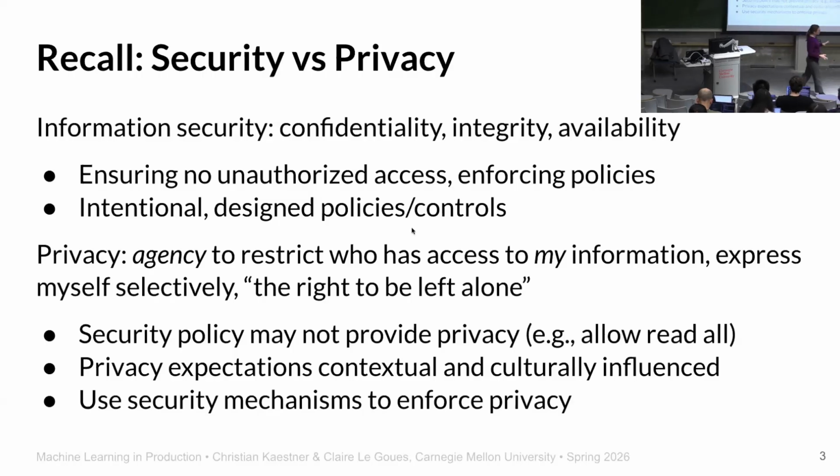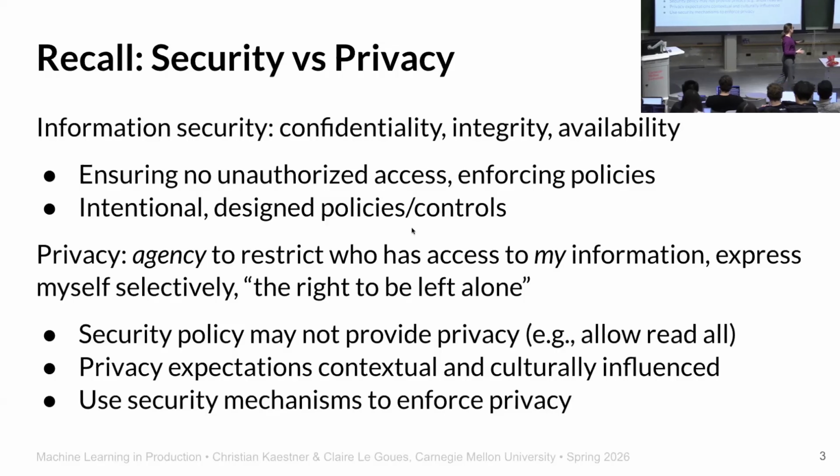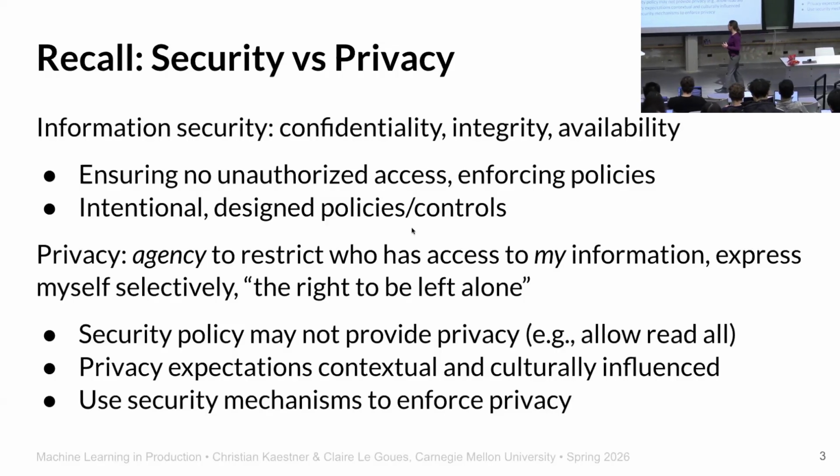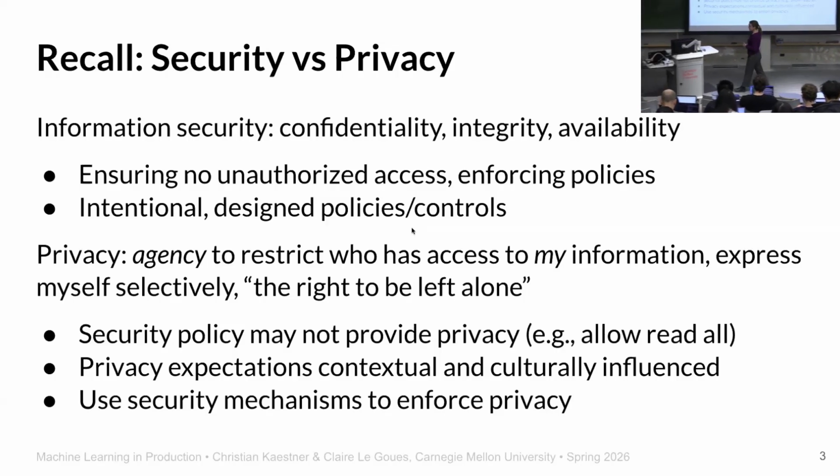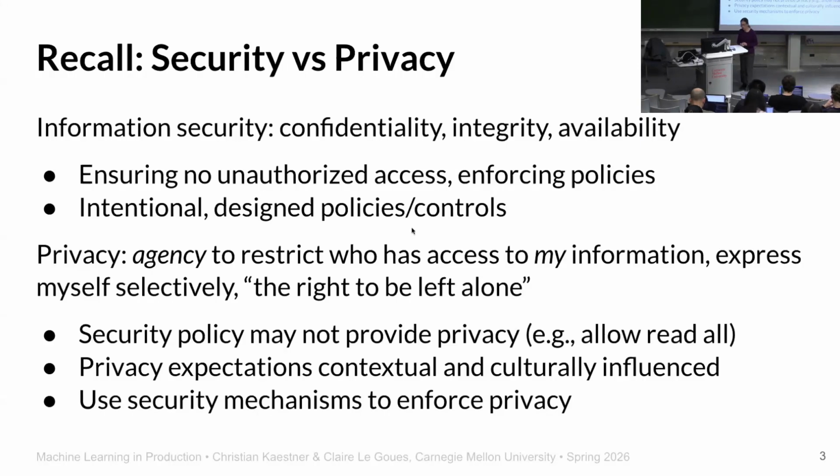But it's worth emphasizing how much they're not actually the same, right? And that privacy expectations are actually, I think, a little bit more subtle than security expectations because they are very contextual and culturally inflected, right? People in different parts of the world from different backgrounds have different expectations about their own privacy.